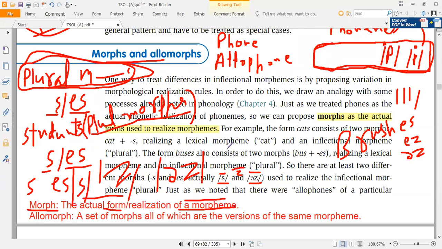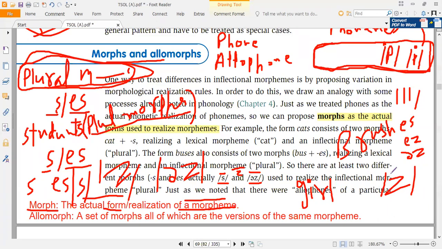Let me give you another example, and probably the last example. If I ask you what is the plural of girl, come on, tell me the plural of girl. Girls, sir. All of you just added the z sound. None of you said girl plus plural. No, all of you said girls.